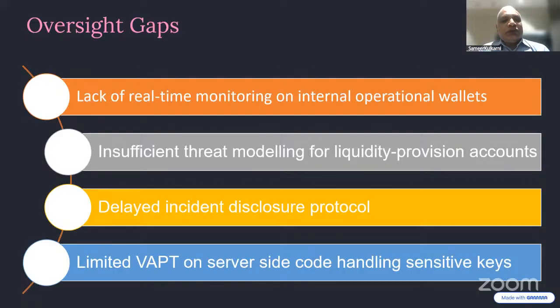Then, as of now, there is insufficient threat modeling for liquidity provision accounts also, right? Most targeted things are those which are most available in the market. Like Microsoft operating system will be the most targeted because it is mostly used. Android will be the most targeted. Whereas there are some Linux distros which may not be attacked because not many people use them, so people don't find it good enough to attack.